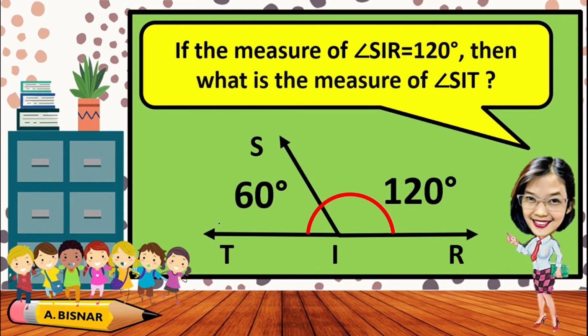That's correct. Since angle TIR is a straight angle, then the measure of it is 180 degrees, and you will subtract 120 degrees. And from here, you'll get 60 degrees, which is the measure of angle SIT.